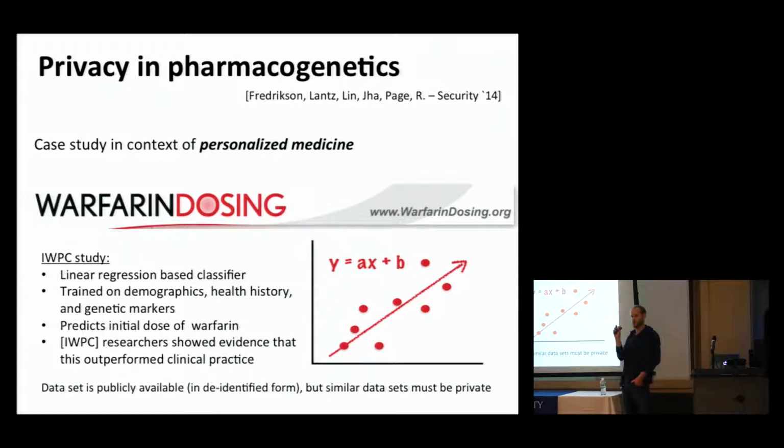They're trying to replace that 10 milligrams with a prediction based on your genetic markers and other information. The hope is that in those first 2 days, which are quite the riskiest for negative effects, you'll do better, so you'll be in the right range for warfarin for your body sooner than you would otherwise.